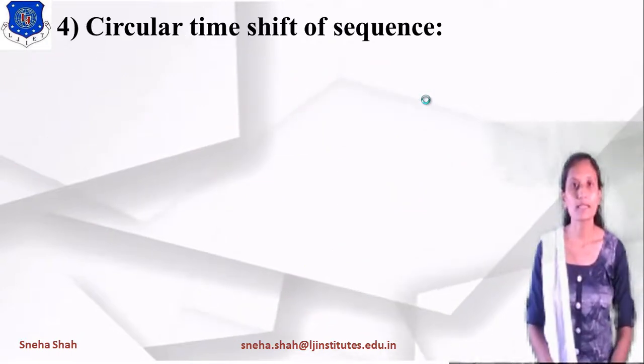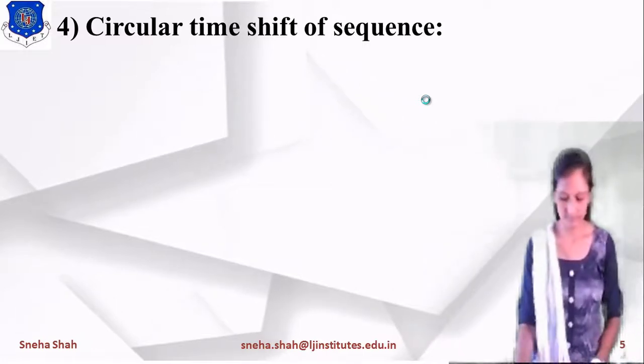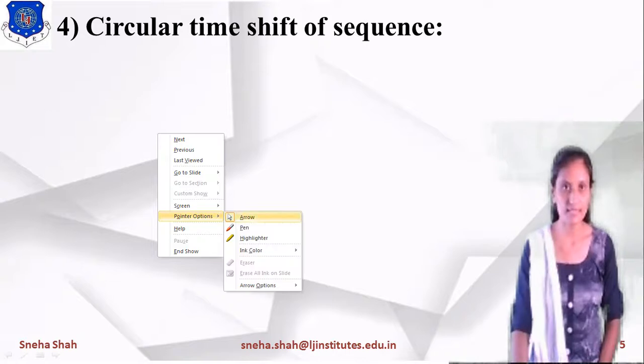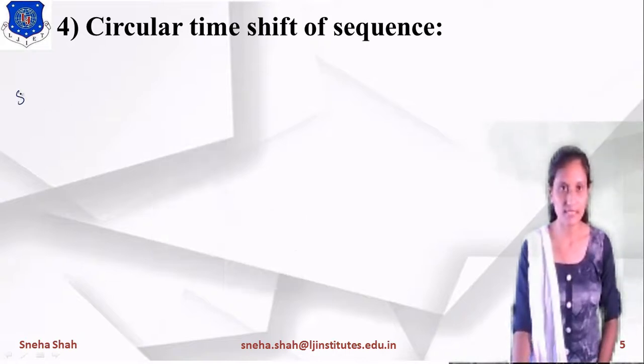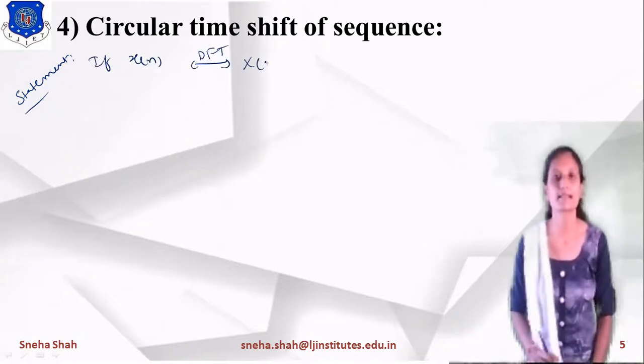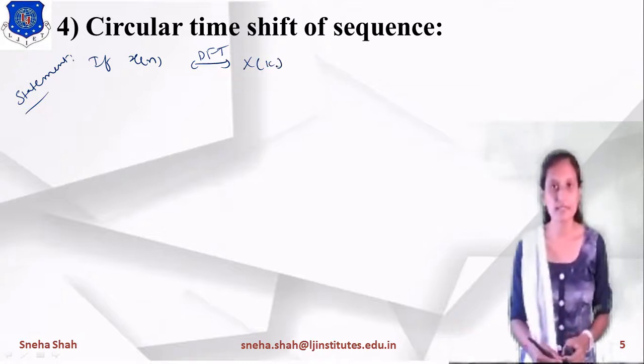Now the next property is circular time shift of a sequence. Starting with the statement of this property, if I take x of n and find the DFT of it, it gives the answer x of k, right? So what is circular time shift of a sequence?